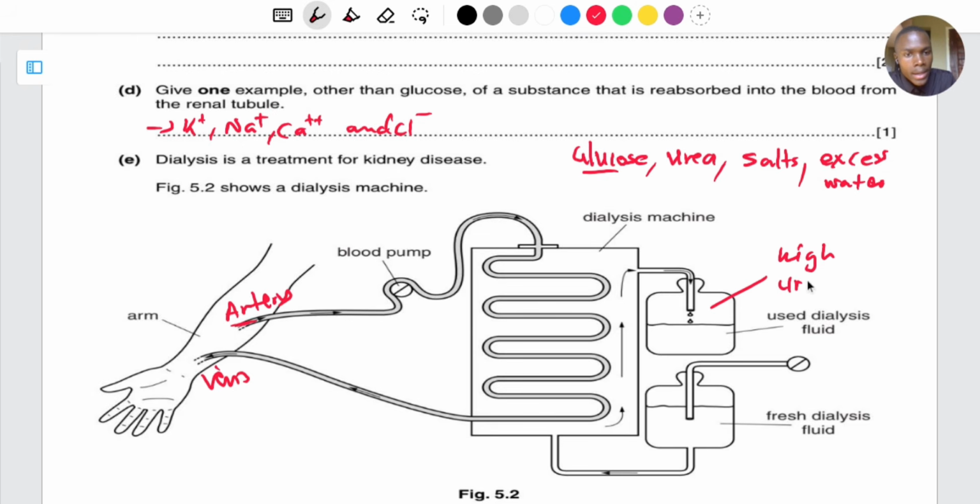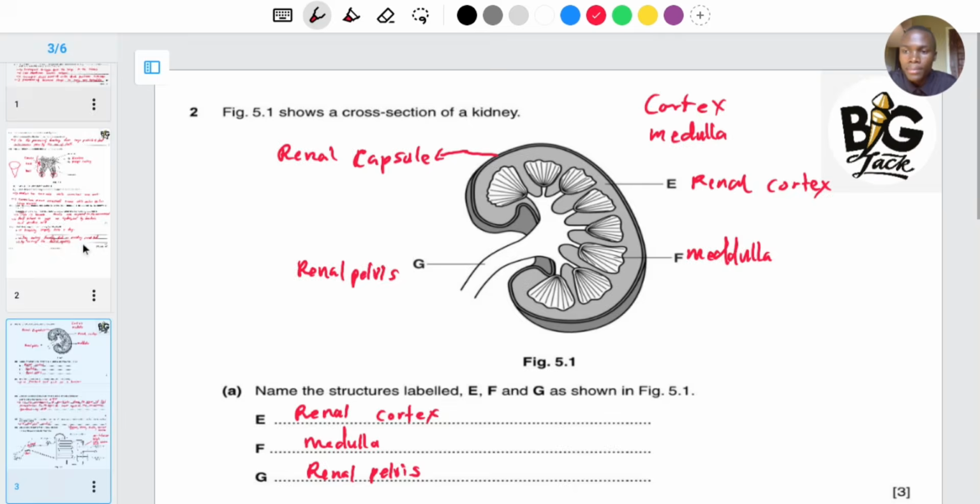Apart from high urea, you are also going to find high salts as well as excess water in the used dialysis fluid. But the only thing that is different is that since glucose is not filtered, there will be no glucose in the used dialysis fluid. That is one thing you need to know here. So now let's try to answer the questions that follow.